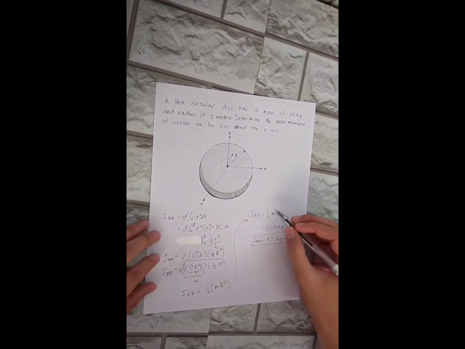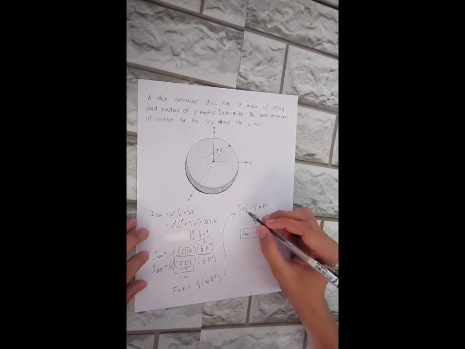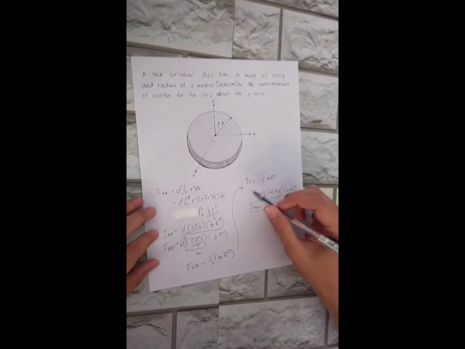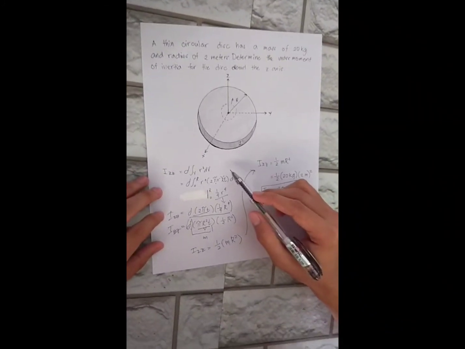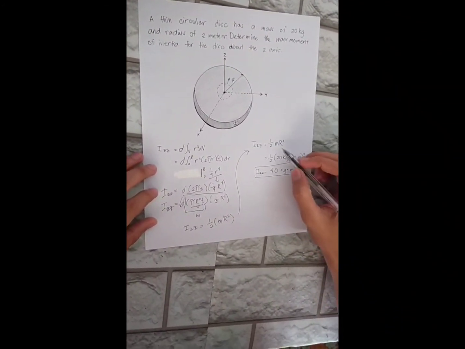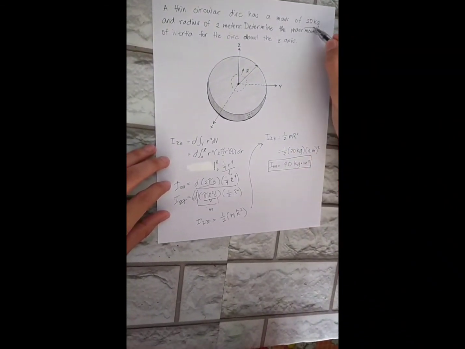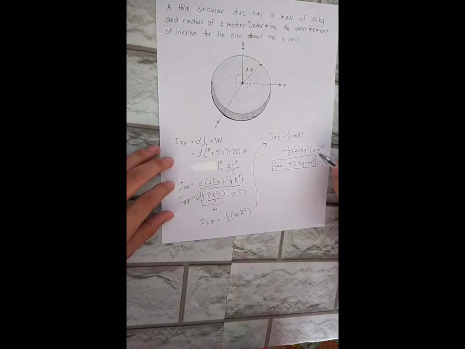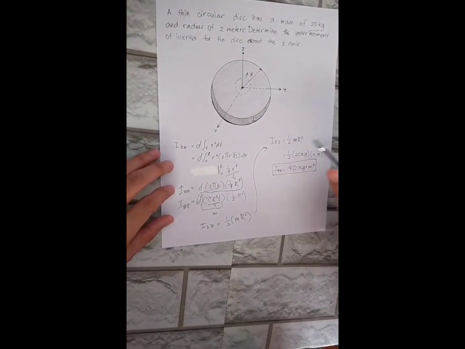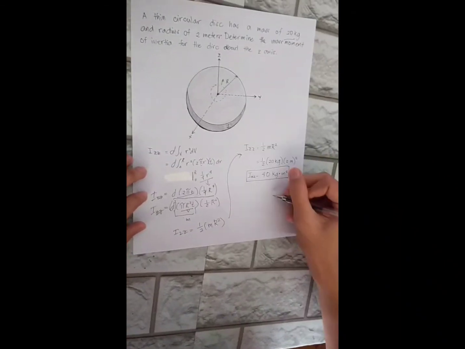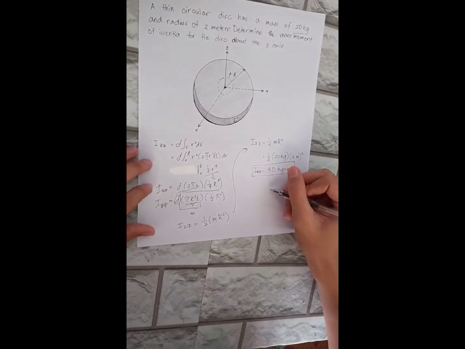Inserting the values, Izz equals 1/2 m r squared, which is our formula from the derivation. Putting in the values, 1/2 times 20, the mass, multiplied by our radius squared. So the final answer will be 40. The disc has a mass moment of inertia of 40.